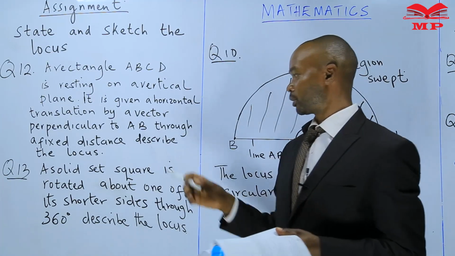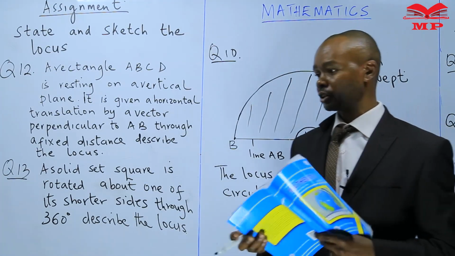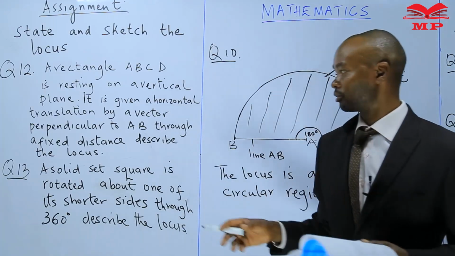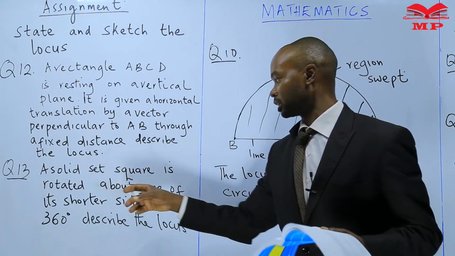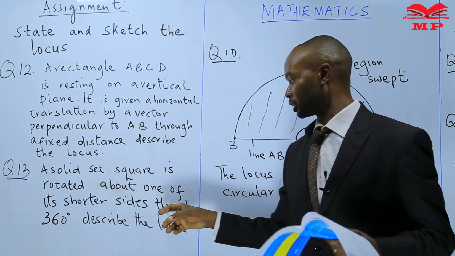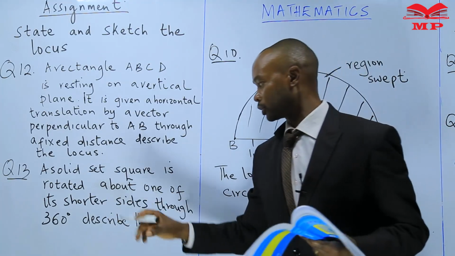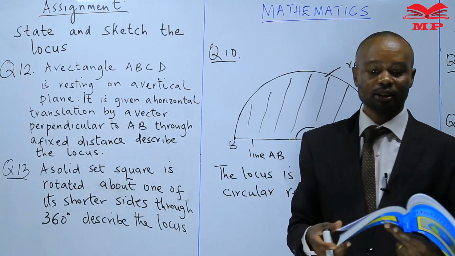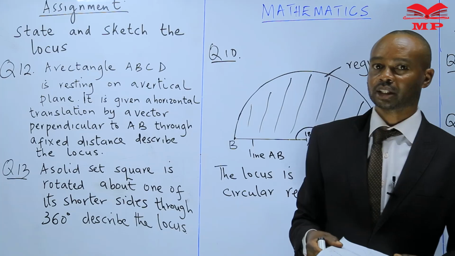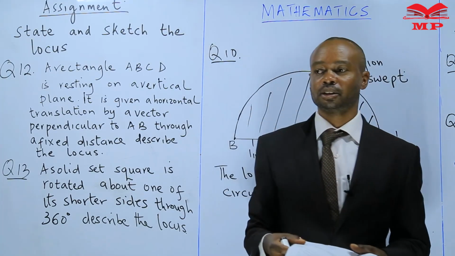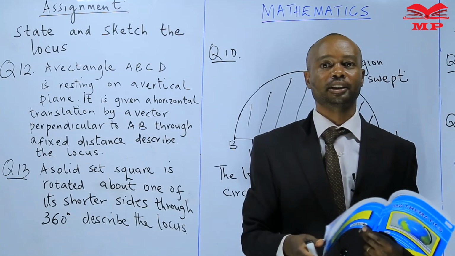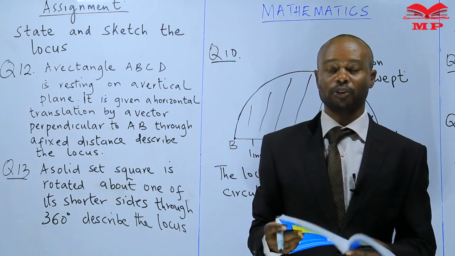A solid set square, you know what a set square is, it is triangular in shape, is rotated about one of its shorter sides through 360 degrees. Describe the locus.